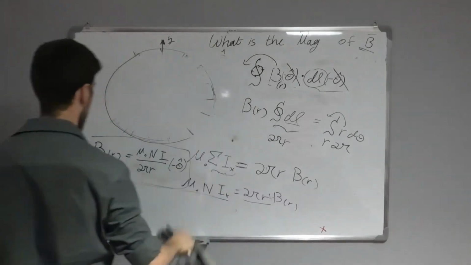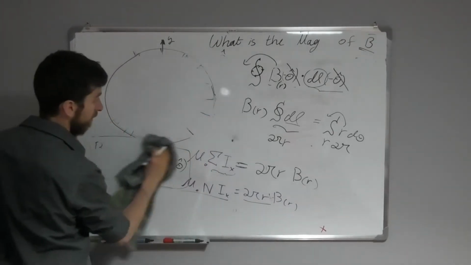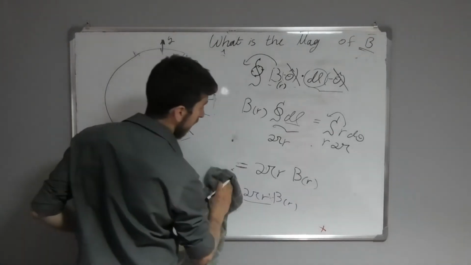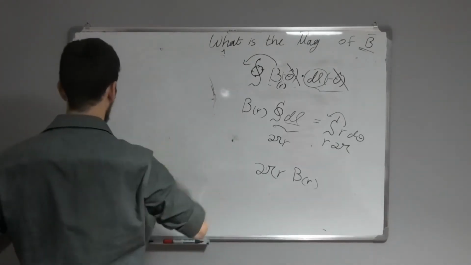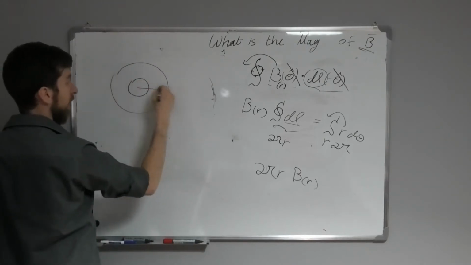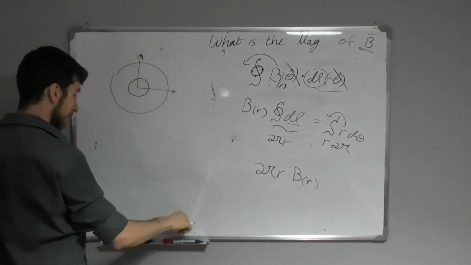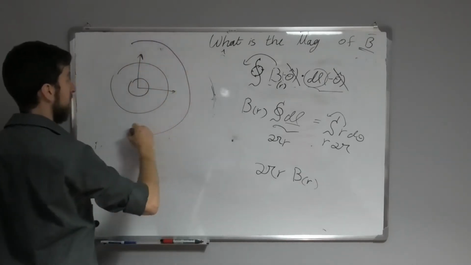I don't need this equation anymore, so let's clean it. Right now I have this toroid and I have this hole, I have my axis, and I'm going to choose this line.